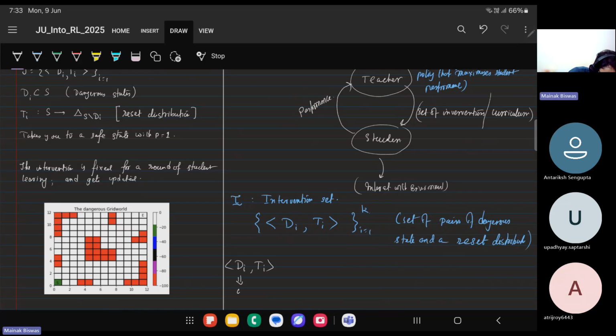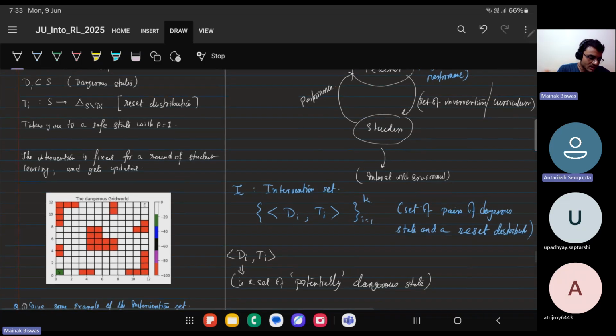D_I is a set of dangerous states, potentially dangerous states. Why do I say potentially dangerous states? Can you tell me? Because the teacher doesn't know the environment. Correct.